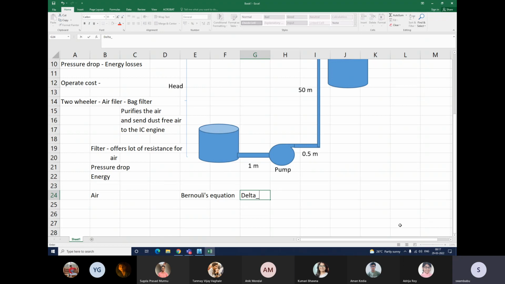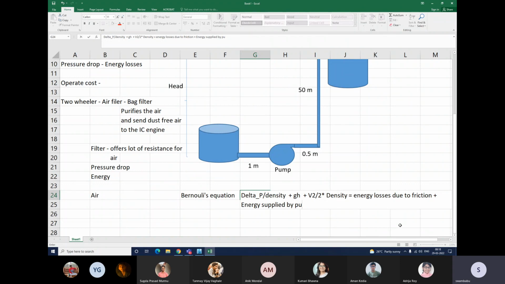Delta P by density plus GH plus V square by 2 equals energy losses due to friction plus energy supplied by the pump.